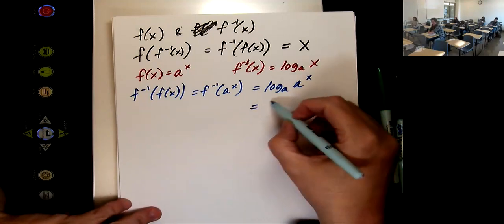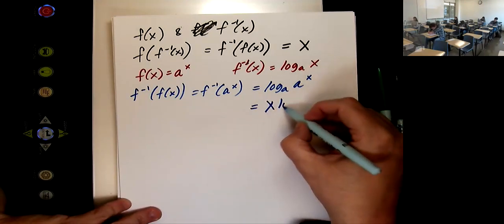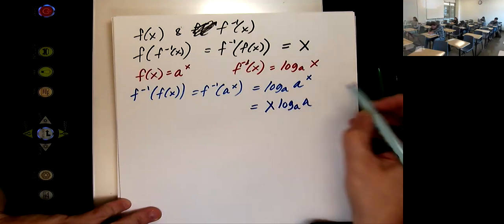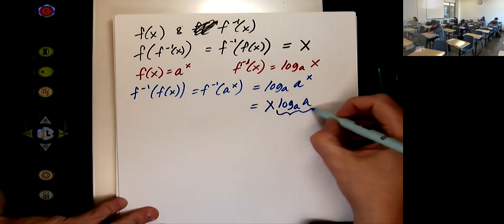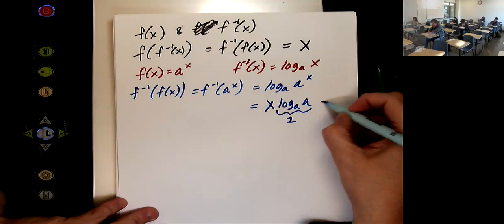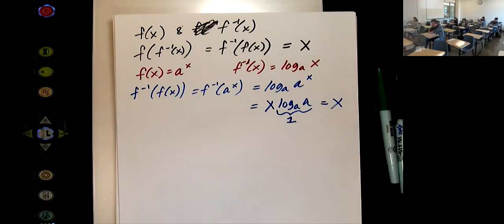We already talked about powers coming down, and when the base matches the argument, this is 1. So this is just x. That's not as handy to memorize, but it's got some value.